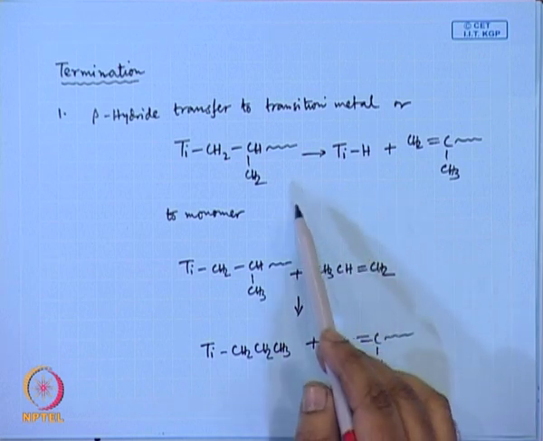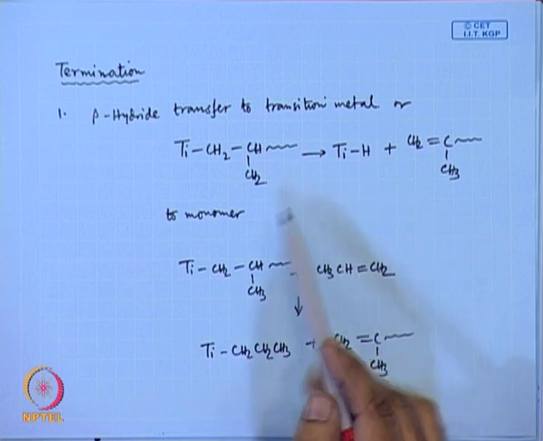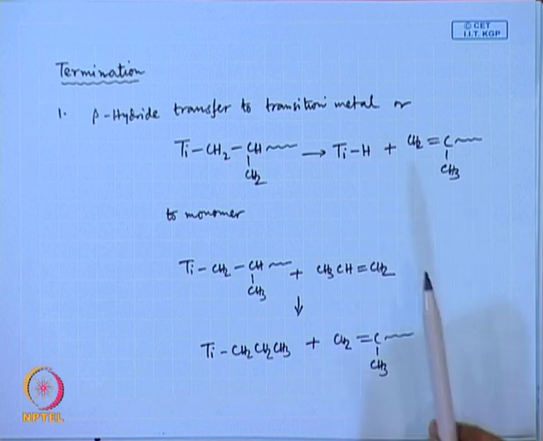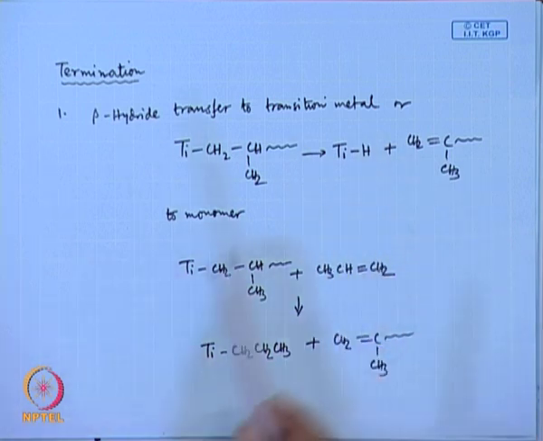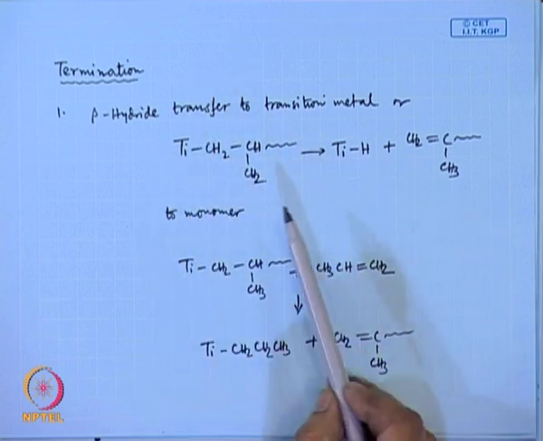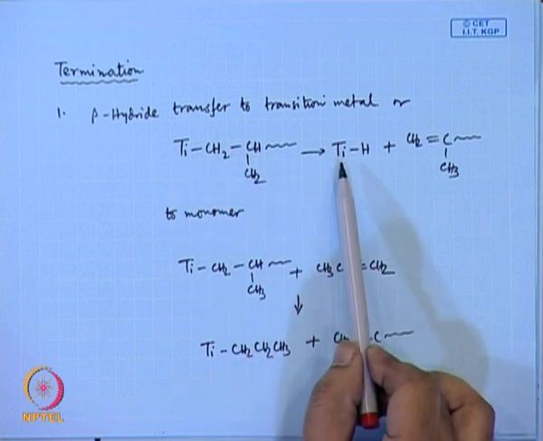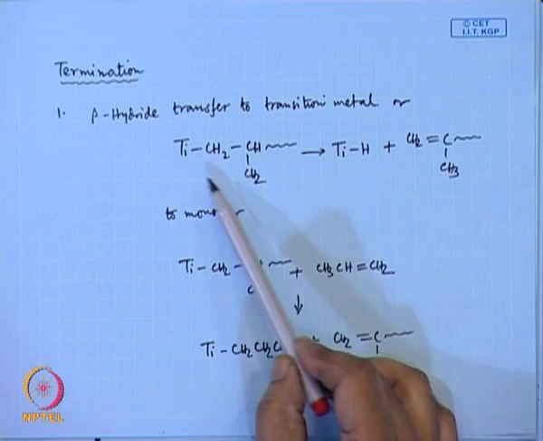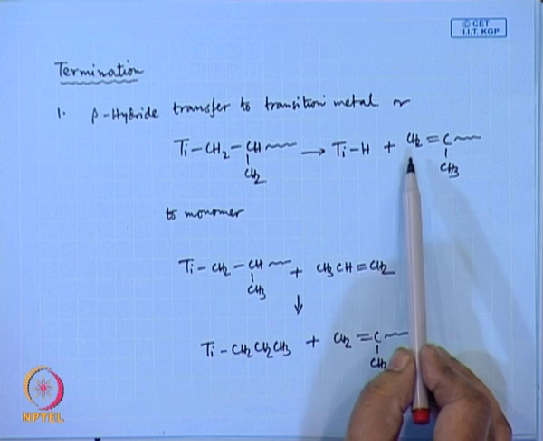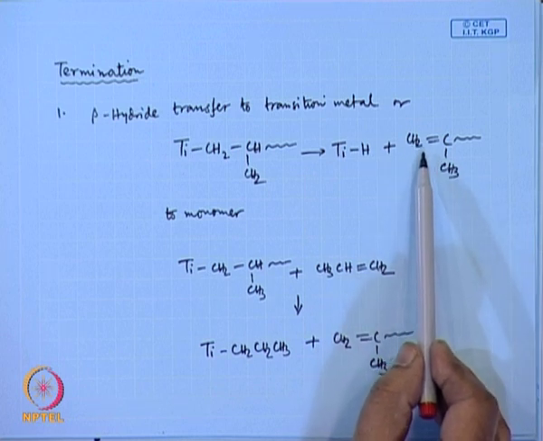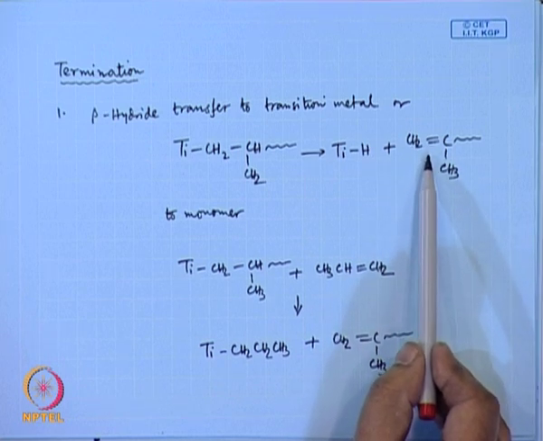I am doing this a little fast; there is nothing more to understand, it is just for information purposes. The termination can happen by beta hydride transfer to the transition metal. This hydride can get transferred to the transition metal, forming a vinylidene end group in the polymer.